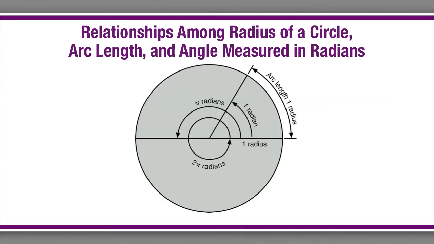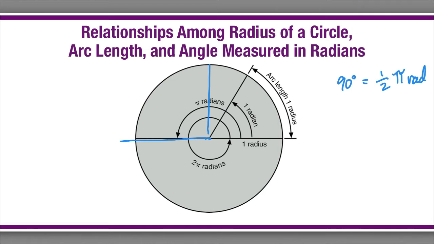So this is a depiction looking at the relationship between radius of a circle, arc length, and angles measured in radians. So some important conversions for you guys to know is that 90 degrees is equal to 1/2 pi radians.